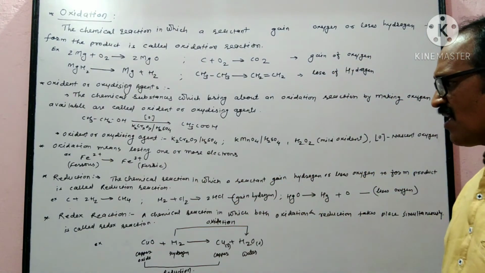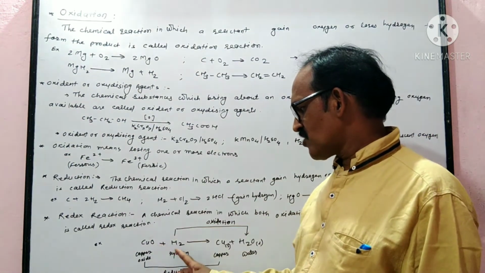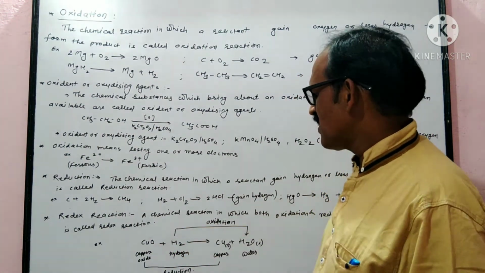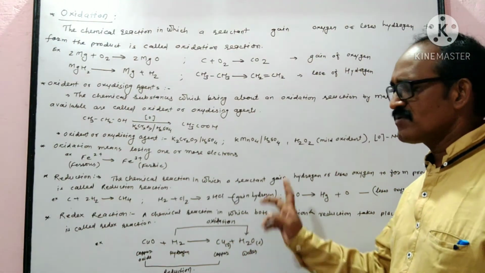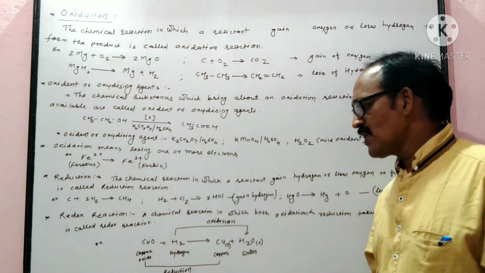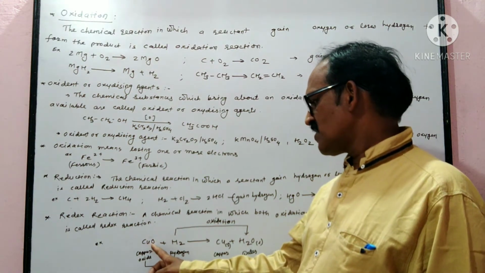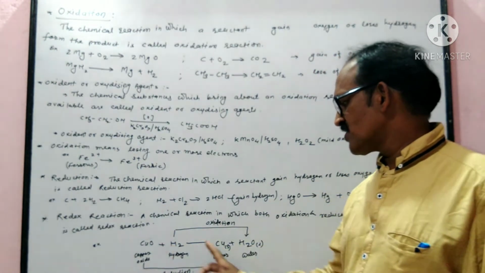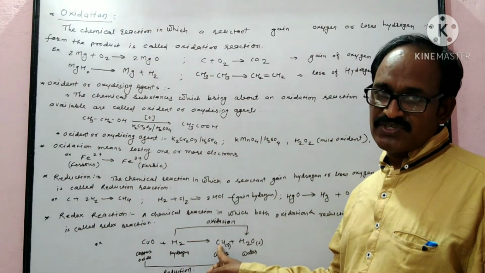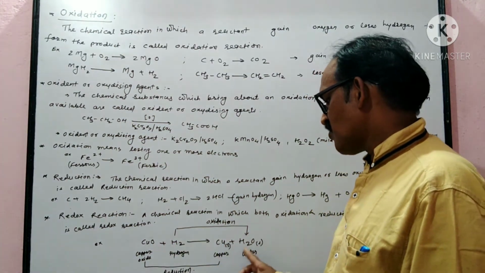Last one, you can see this reaction: copper oxide and hydrogen react with each other to form copper and water. What will happen here? The copper oxide on the reactant side loses oxygen toward the product side.